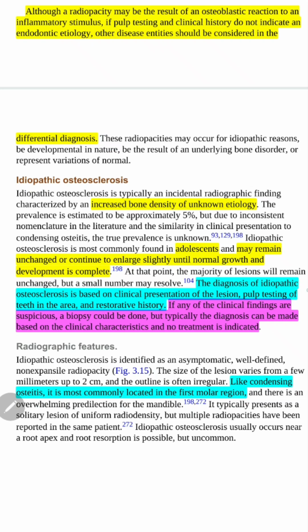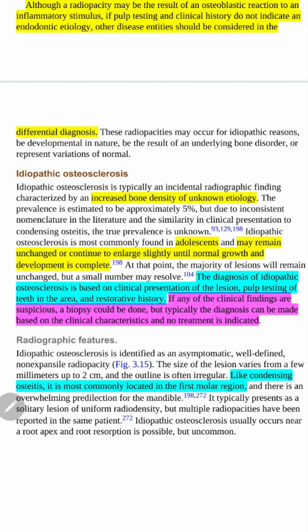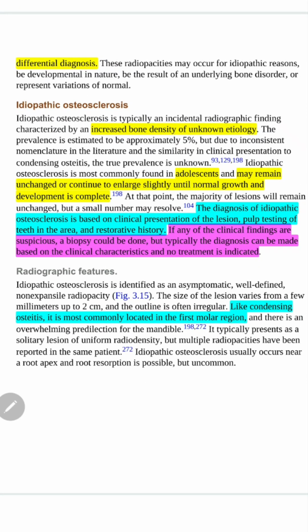The diagnosis is based on the clinical presentation of the lesion, the pulp testing of the teeth in the area, and restorative history. If any of the clinical findings are suspicious, a biopsy could be done, but typically the diagnosis can be made based on the clinical characteristics and no treatment is indicated. As for the radiographic features, it is very similar to condensing osteitis.